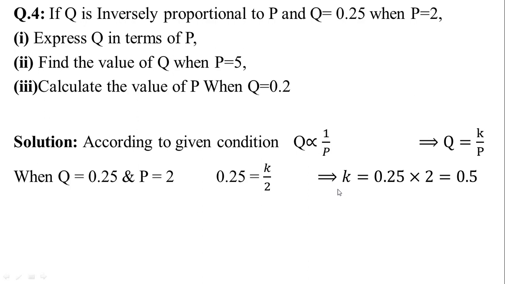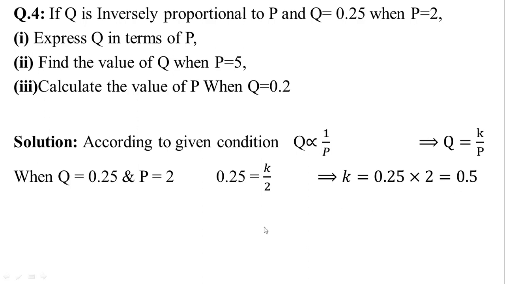This implies that k is equal to 0.25 multiplied by 2, which is equal to 0.5. So the value of constant k is equal to 0.5.